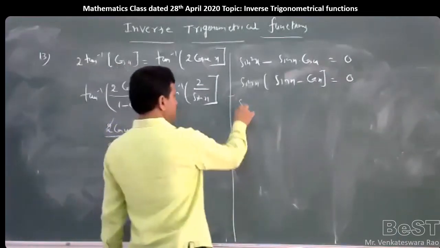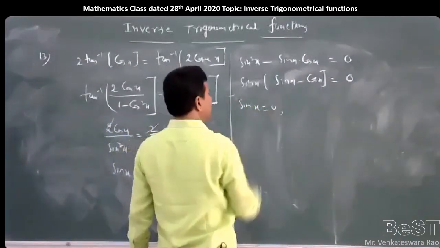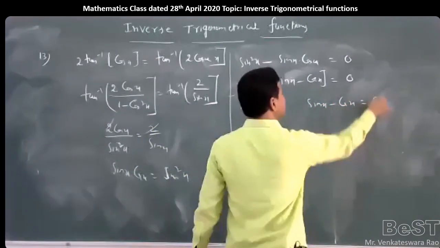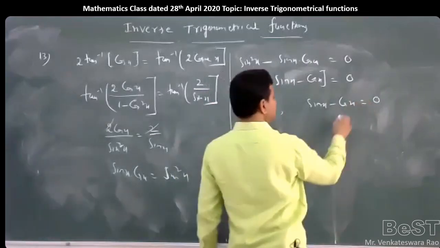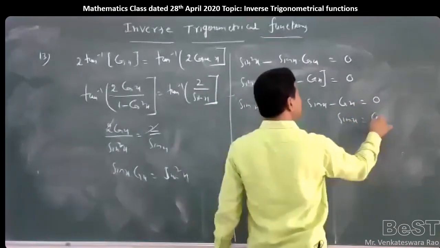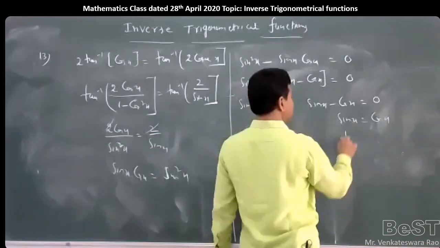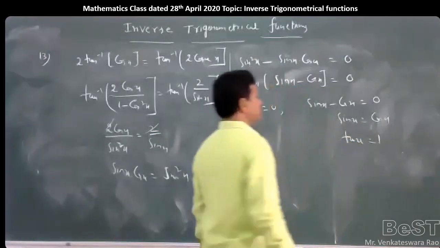See the two solutions. Sin x is equal to 0, one equation. Sin x minus cos x is equal to 0, another equation. Sending the cos x to the right side, sin x is equal to cos x. Shifting to the denominator, sin x by cos x means tan x is equal to 1.